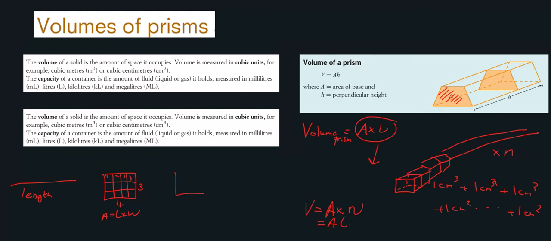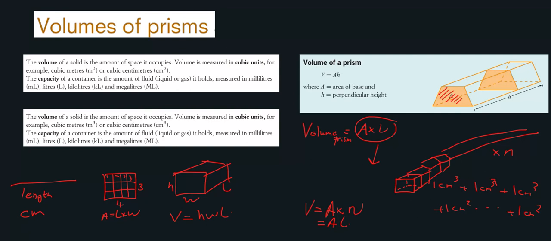Now for area, we're using 2D shapes. For 3D shapes we've got length, width, height, volume rather. So it's height, width, length. So here we've just got a unit, say, pretend that is a centimeter.